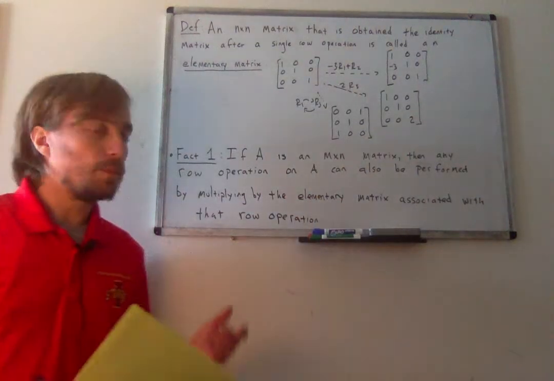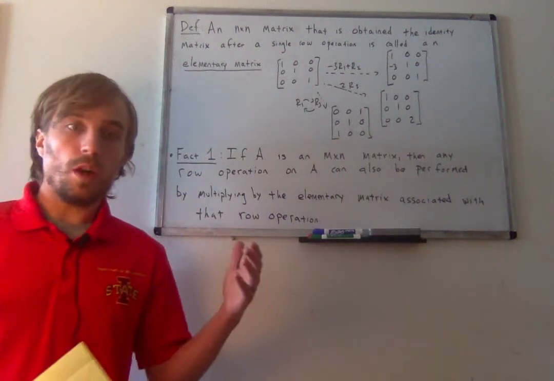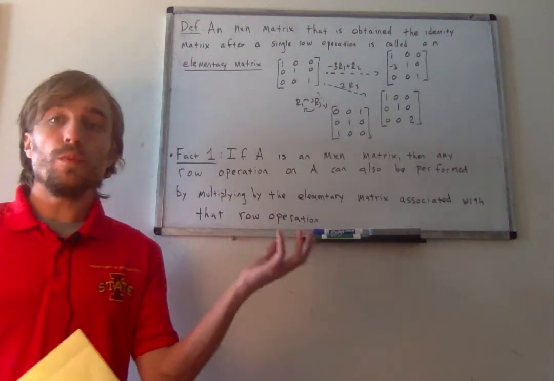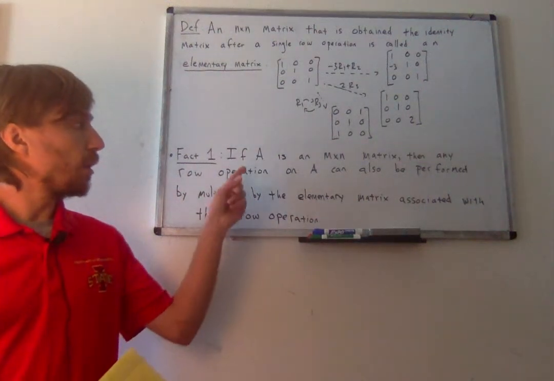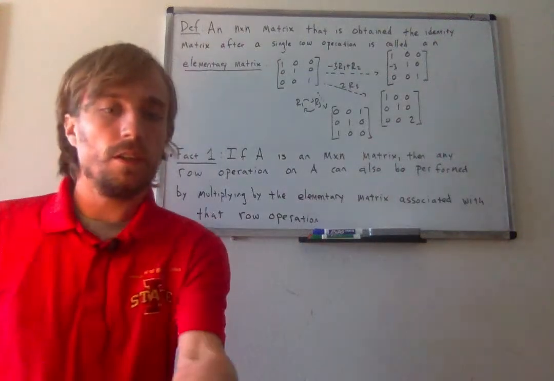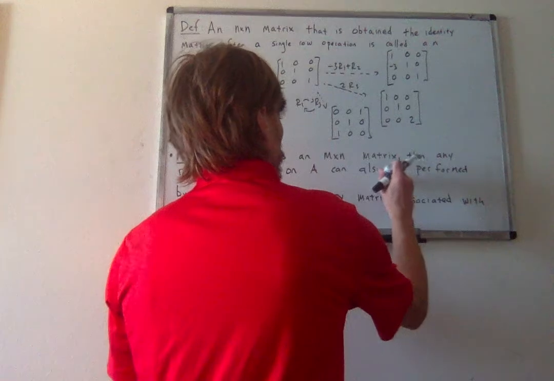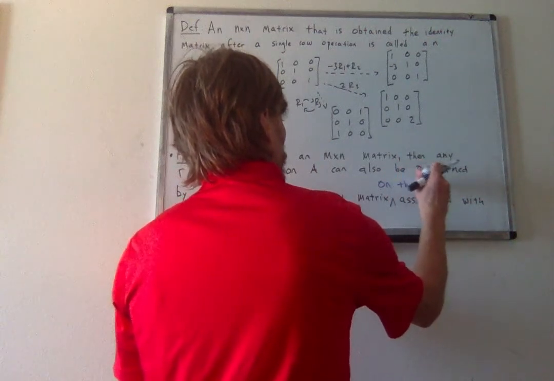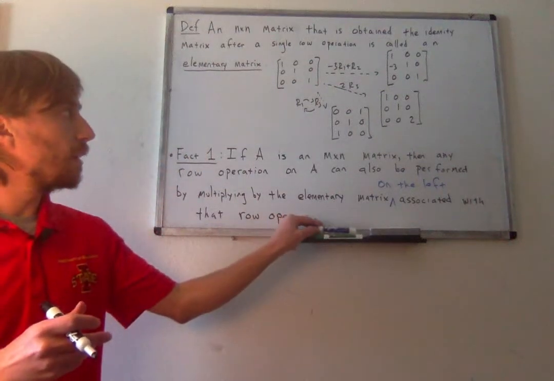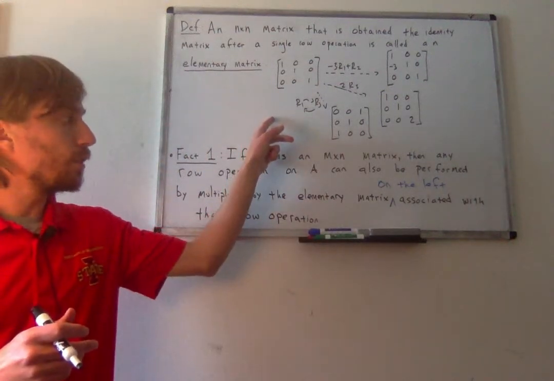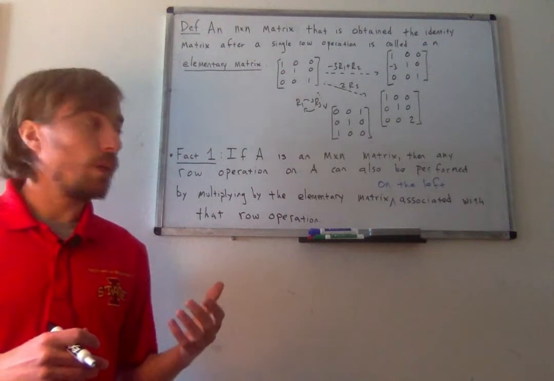So what does this mean? Well, this means that if I were to do a single row operation on a matrix, the new matrix I would get could equivalently be found by multiplying A by the elementary matrix on the left. Multiplying by the correct elementary matrix on the left, and we should get the same matrix out.